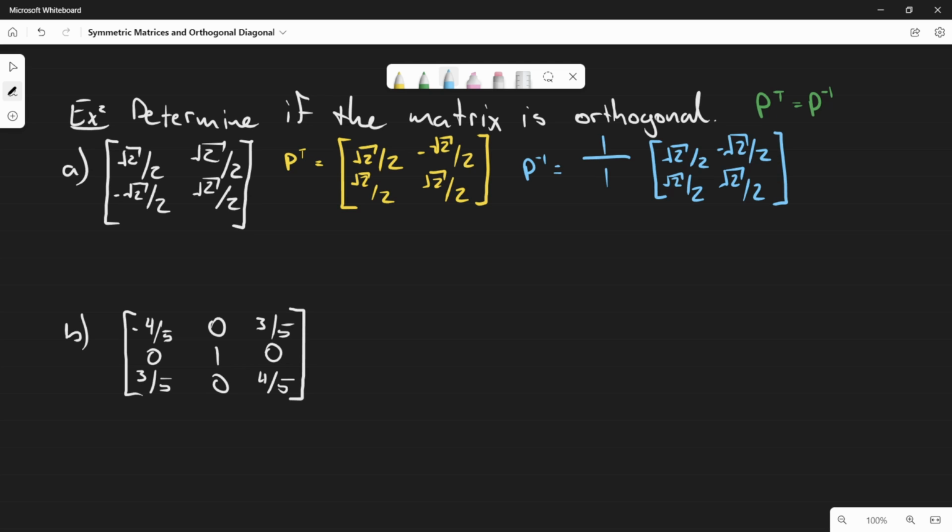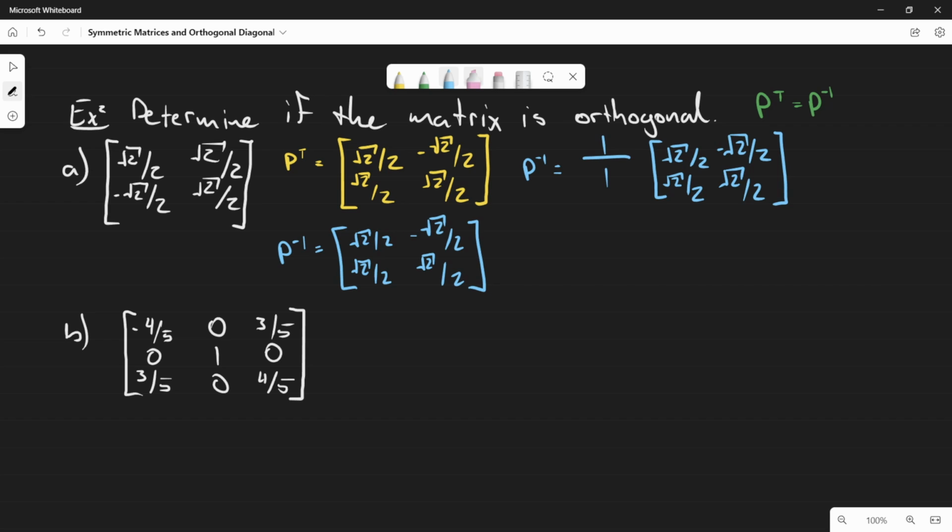Because this is multiplied by 1, our inverse matrix will just pretty much remain unchanged. Root 2 over 2, root 2 over 2, and then negative root 2 over 2, and root 2 over 2.